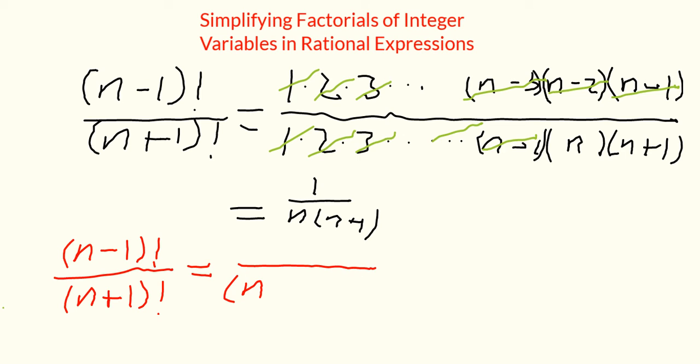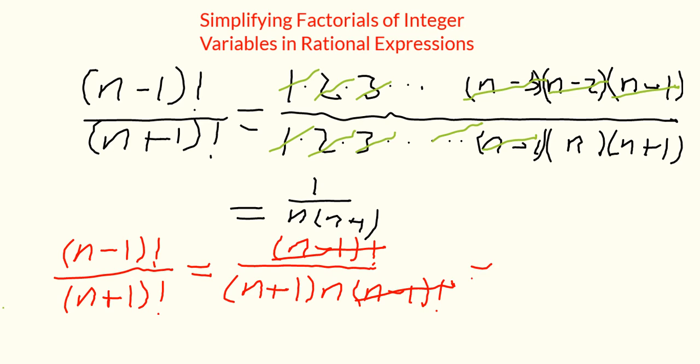So we could write out n plus 1 factorial as n plus 1 times n times n minus 1 factorial. And on the top, the numerator, we still have n minus 1 factorial. Conveniently, the n minus 1 factorials cancel out, and we are left with, again, 1 over n times n plus 1.